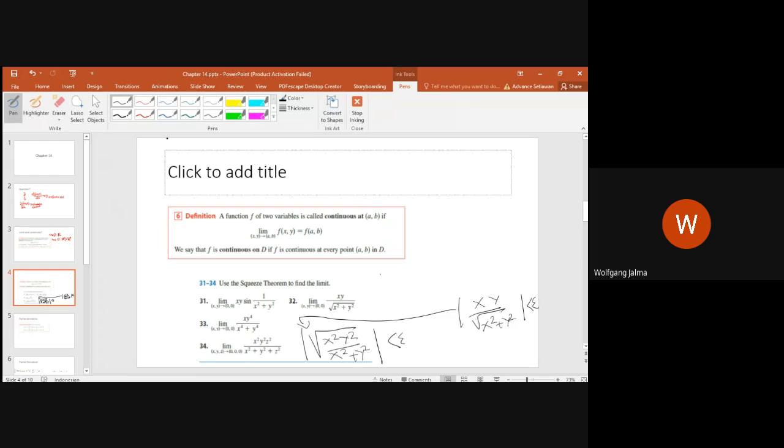Now, sorry, do you agree that xy over the square root of x squared plus y squared is smaller than 1 over the square root of x squared plus y squared?